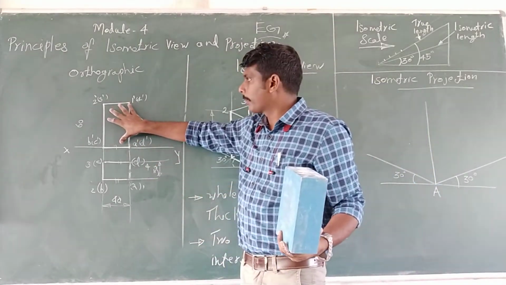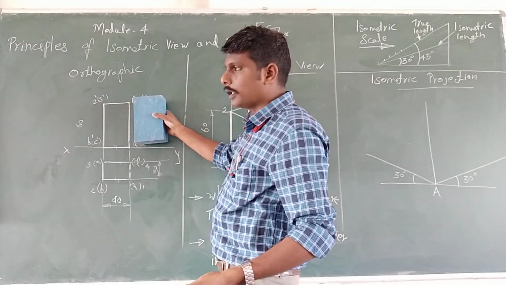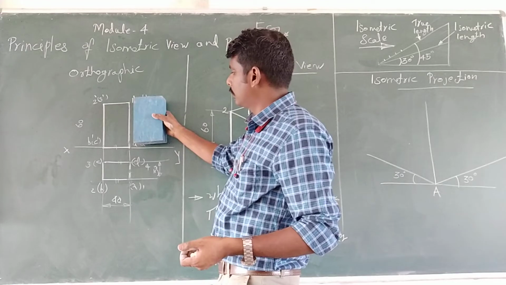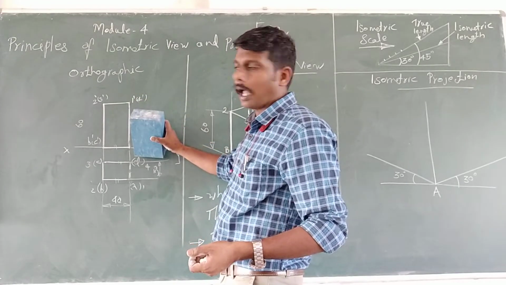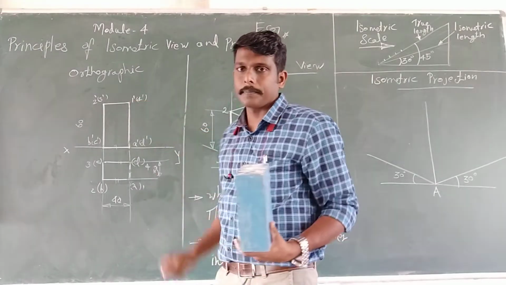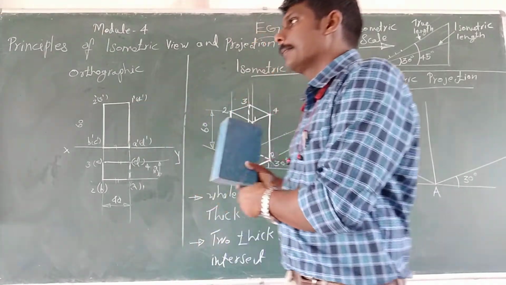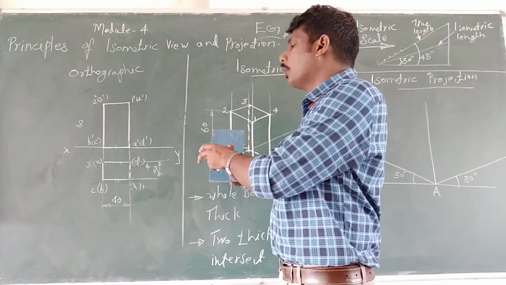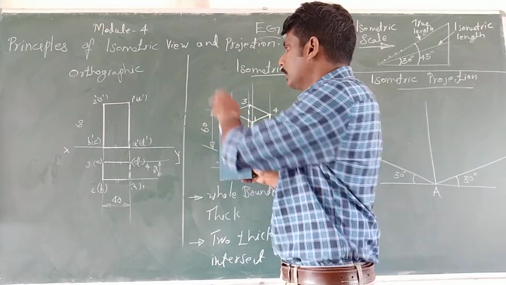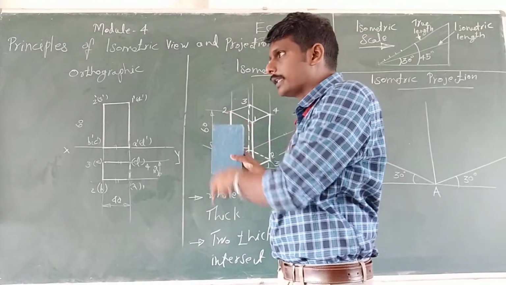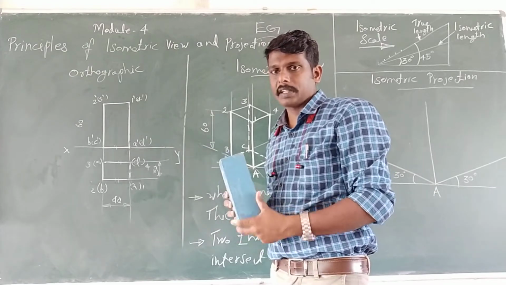If the solid is parallel to VP, the true length is here. So if the solid is inclined to HP, definitely the height of the solid will decrease. Only the true length is projected if the line or the edge is parallel to that particular plane.